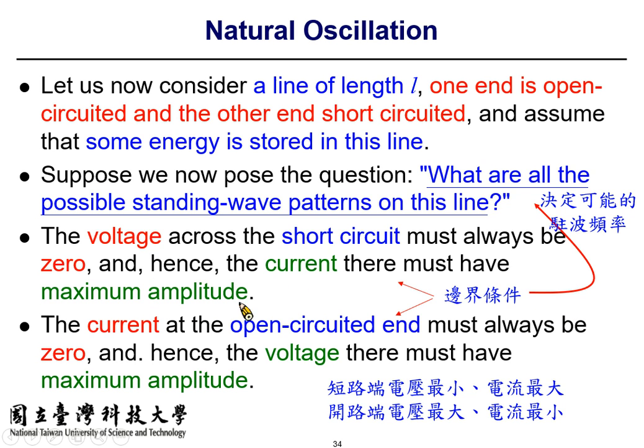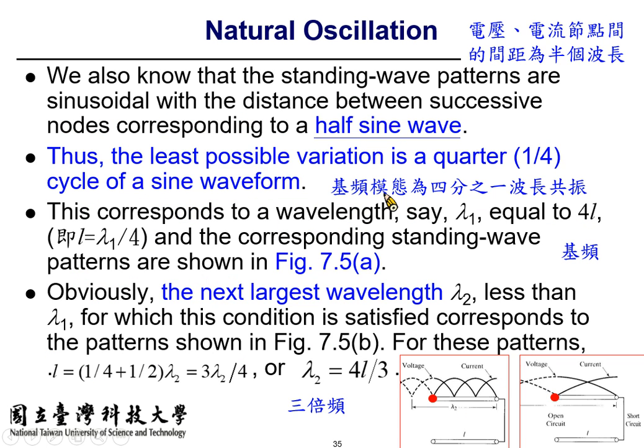On the other hand, if you have an open circuit termination, then the boundary condition is that the current must be 0 at that place at all times, and therefore the voltage can have the so-called maximum amplitude at the open circuit termination.